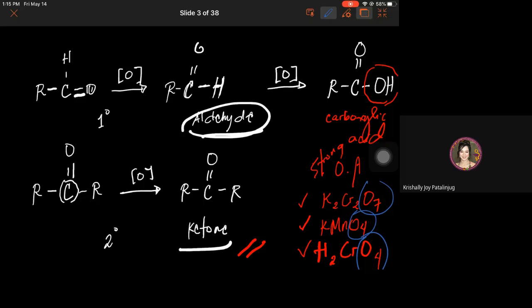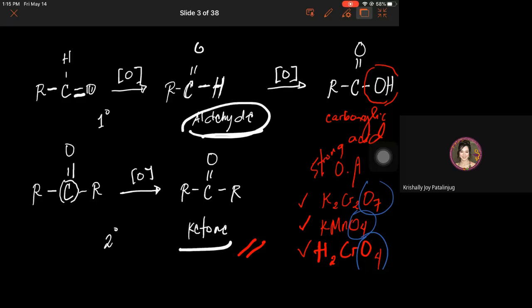So we are done with the first reaction, oxidation. For aldehydes and ketones, only aldehydes proceed to further oxidation.